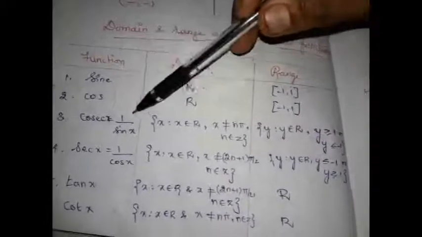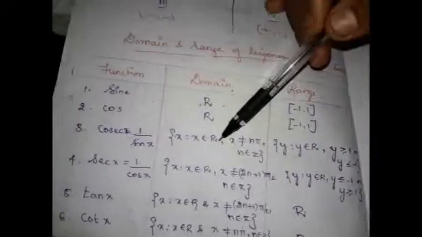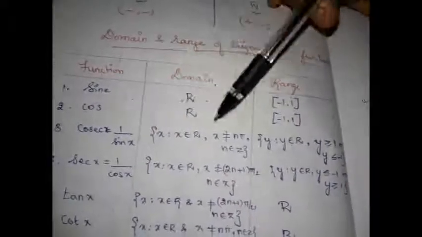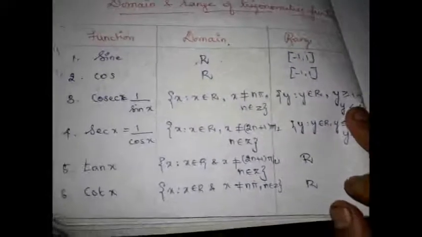For cosec, since it's a reciprocal of sine, its domain is the entire real number system except x equal to an integral multiple of pi, because sine becomes 0 there, and the range is greater than or equal to 1 or less than or equal to -1. In the sense it does not take the value 0. There is no possibility for cosec x to become 0, right? Because we won't get 0 in the cosec values.